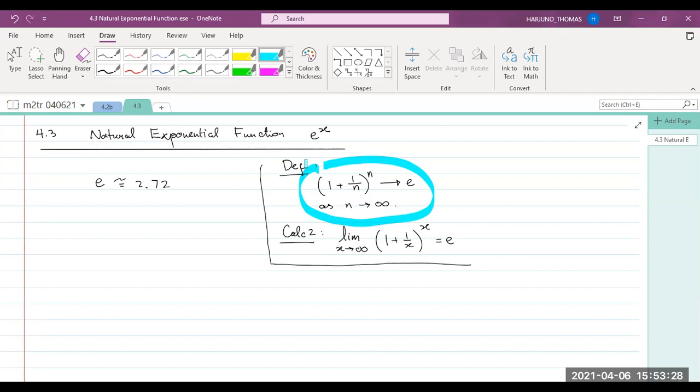You can try using Excel to approximate this e. You know what? Let me try to do that. I wonder if I can do that here. Give me a second.